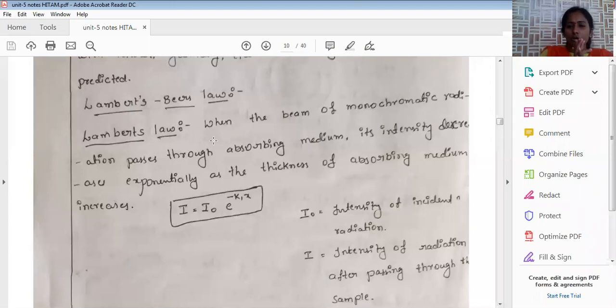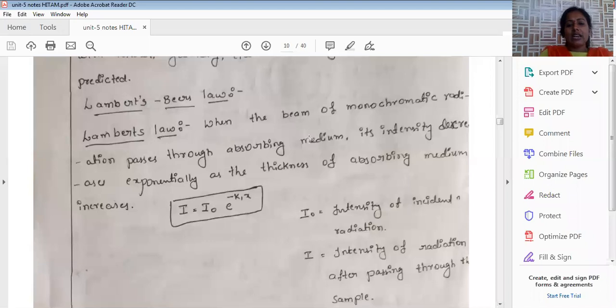When we pass that monochromatic light through the given substance, the intensity decreases based on the thickness of the medium. The greater the thickness, the greater the amount of absorption of light, and the greater the decrease in intensity. This is called Lambert's law.